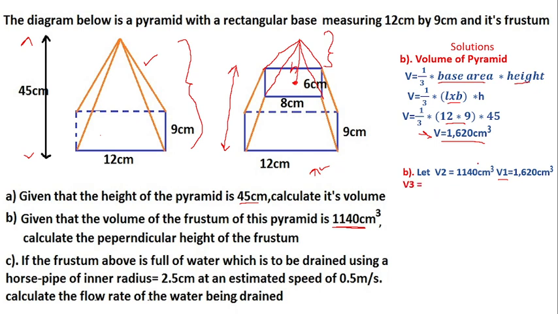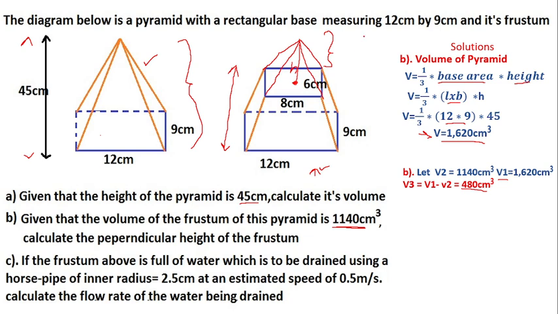Okay, let's proceed. So let's subtract V2 from V1, that is the volume of the entire pyramid minus the volume of the frustum, which is part and parcel of the volume of the entire pyramid. So if we subtract, we get 480 centimeters cubed. So this 480 centimeters cubed we have calculated is the volume of the top part.